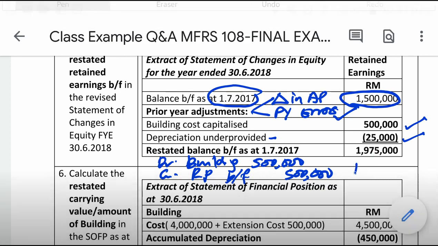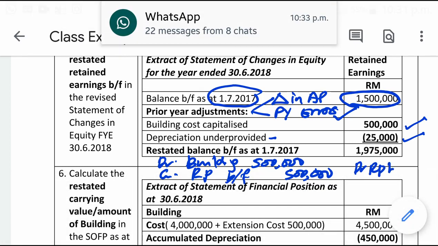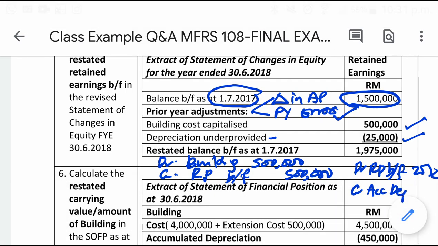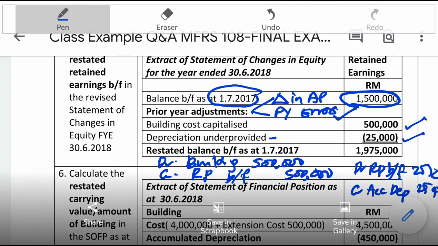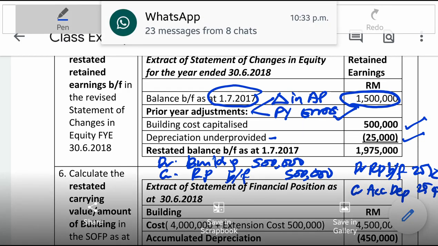Because earlier you did this: debit retained profit brought forward 25, and you credit your accumulated depreciation also 25,000. So at the end, the balance that you have there is the restated balance.